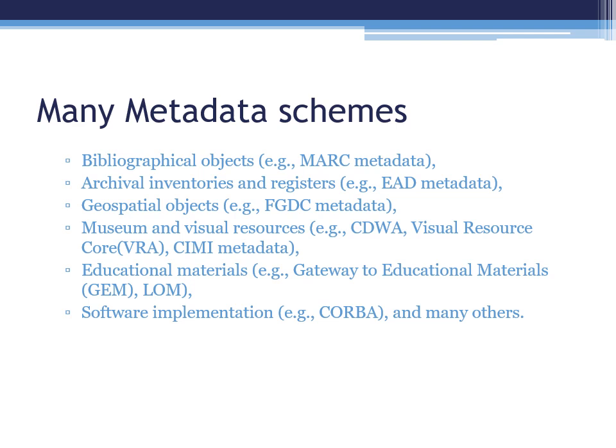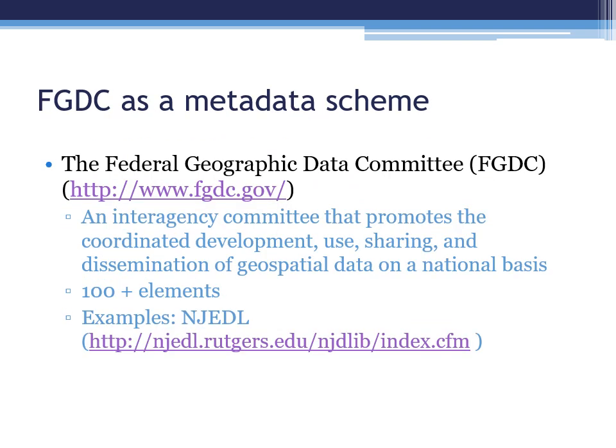Many metadata schemes have been developed, and our textbook provides a good introduction to each one, so just scan those metadata schemes. Again, I give one example from NJEDL, which is the New Jersey Environmental Digital Library, where I participated in the project as a metadata indexer.